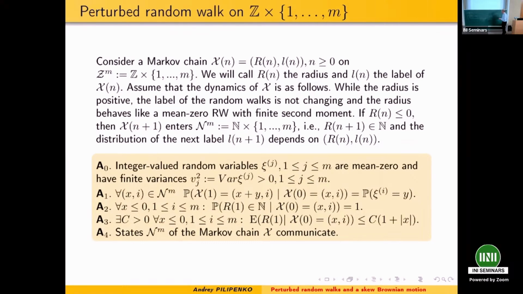I have a pair. The first coordinate I call radius, and the second label, like color. So the second coordinate is a color.